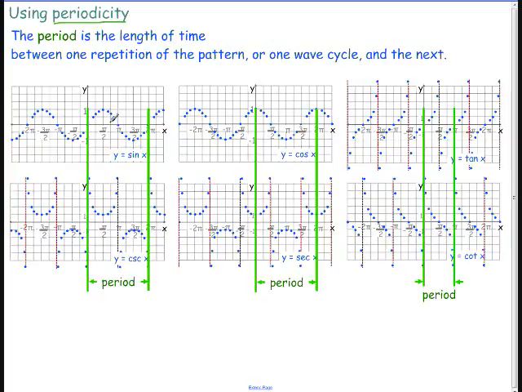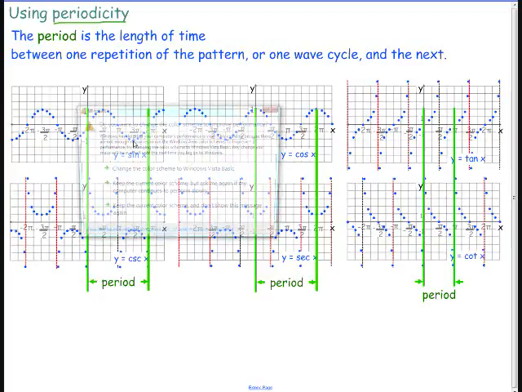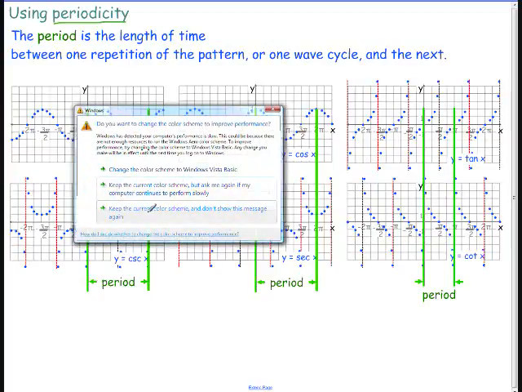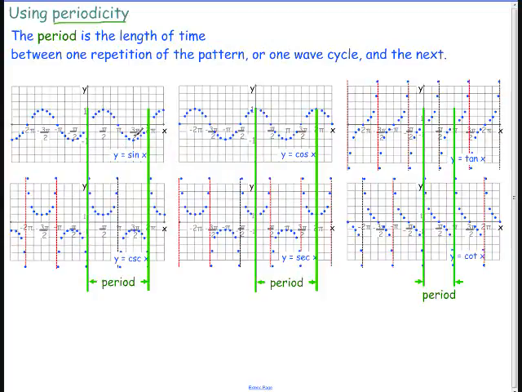We notice that the range for cosecant excludes everything except the peak and the valley point of its associated sine function. Same is true for secant as it relates to cosine.